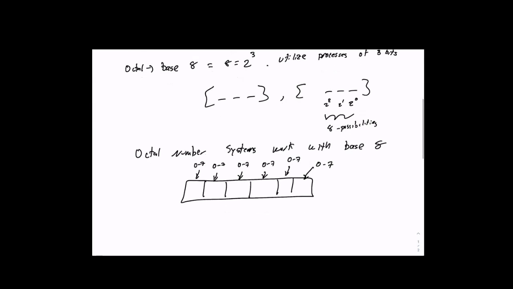And of course, the same thing, we read from right to left. So this is really 8 to the 0, or sorry, this is 8 to the first power, 8 to the second power, 8 to the third power, 8 to the fourth power, and 8 to the fifth power.